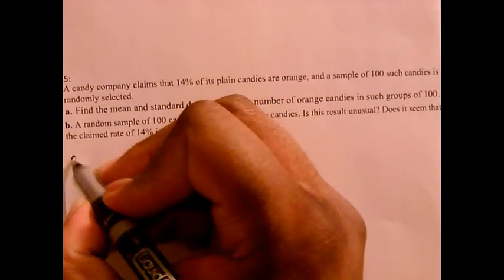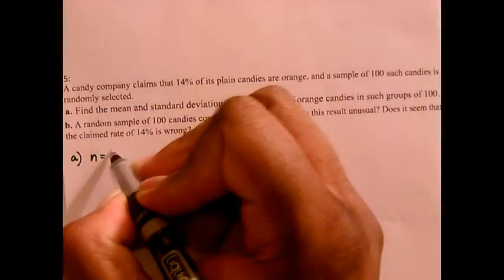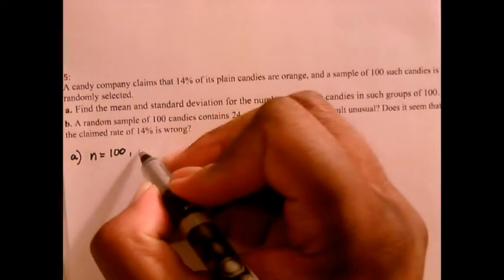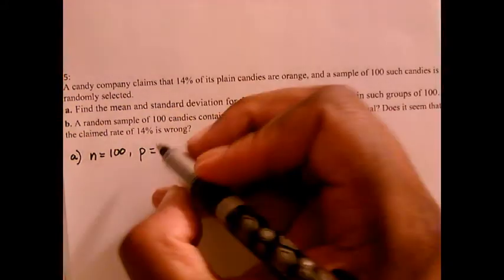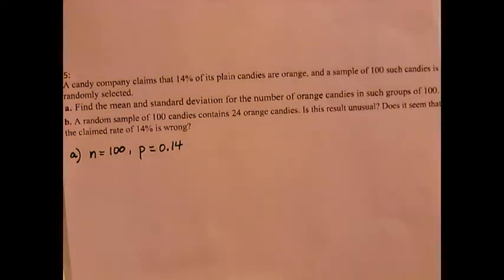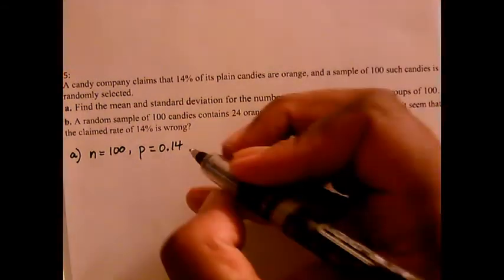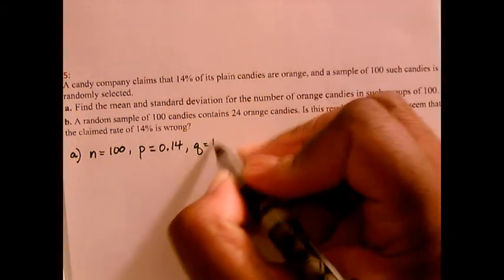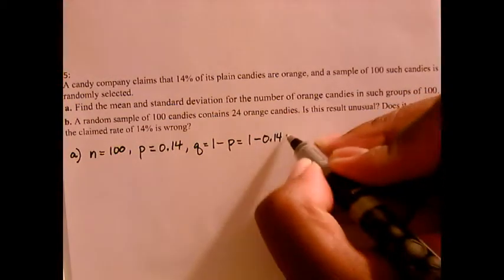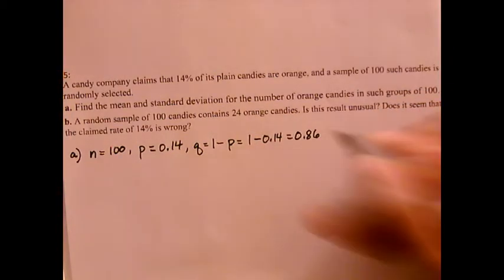We want the mean and the standard deviation. So here, N is 100, because we're dealing with 100 such candies. The probability of orange candies was 0.14. That's given to us. And then Q is just going to be 1 minus P, or 1 minus 0.14, which will be 0.86.